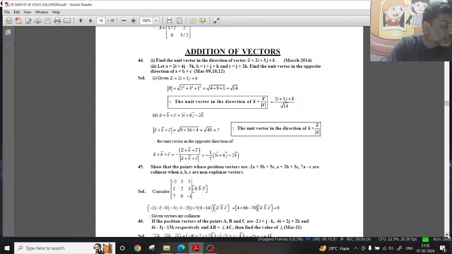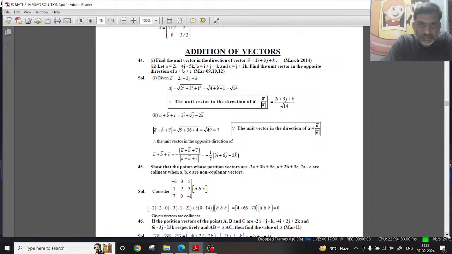Yes, these questions are used for TS only. So A bar divided by the magnitude of A bar. So find A bar first. Given A bar is 2i plus 3j plus k, and the magnitude of A bar is root 14, then the vector is calculated. Similarly, the second question also.